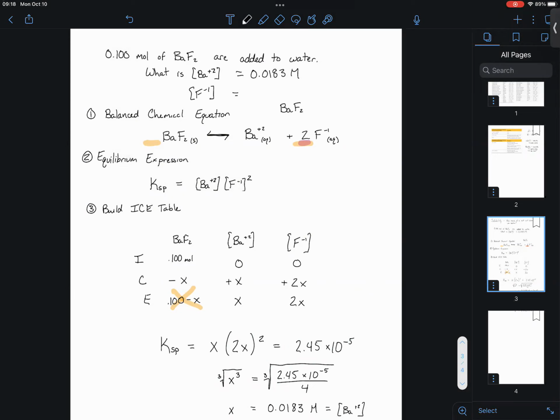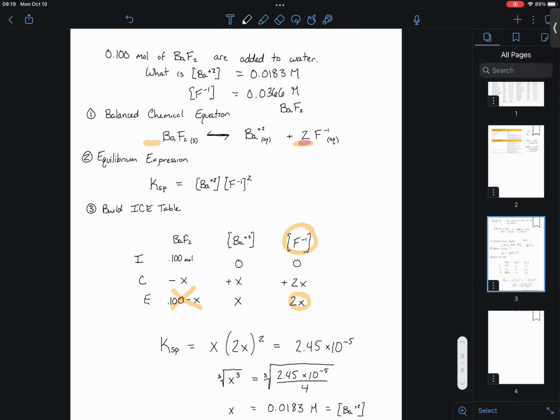All right, so importantly, when we're talking about the concentration of fluoride, fluoride isn't just x, fluoride is 2x. So I'd have to take that same value that I got for x and multiply it by 2 in order to get my fluoride ion concentration. So that would just be double the concentration of barium ions, or 0.0366 molar.